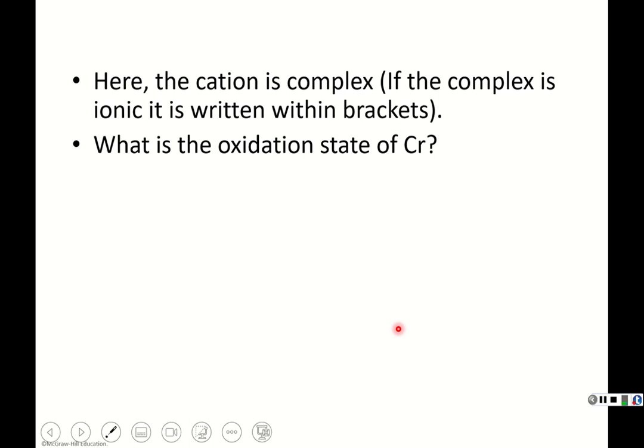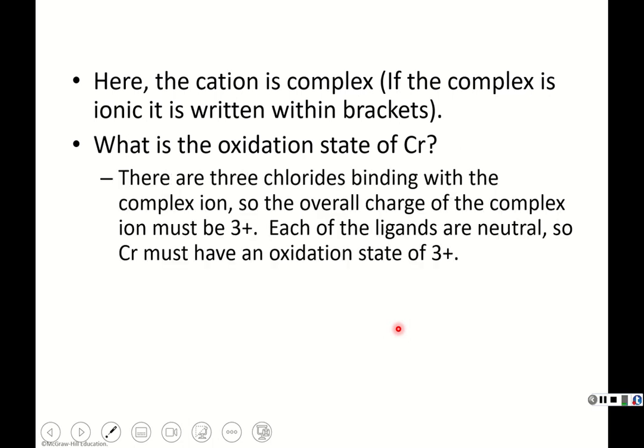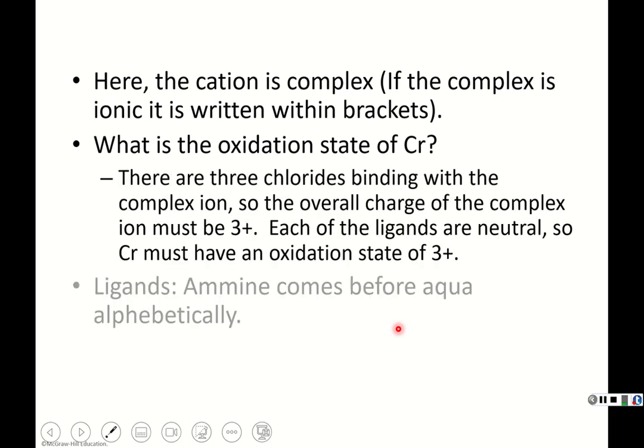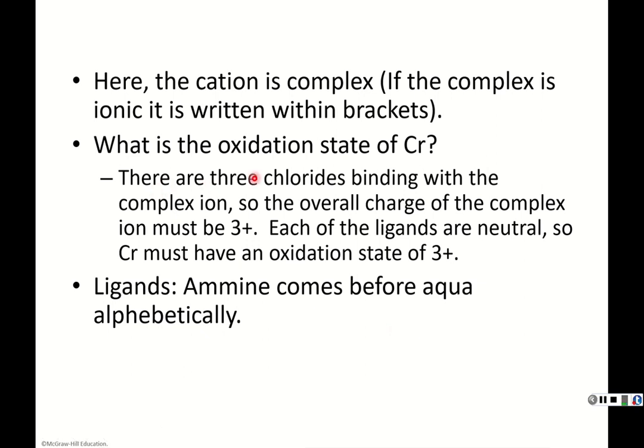What is the oxidation state of chromium? We're not given the formula here. We're just given this sort of description. We have 3 chlorides binding within the complex ion. So overall, the charge of the complex ion must be +3.